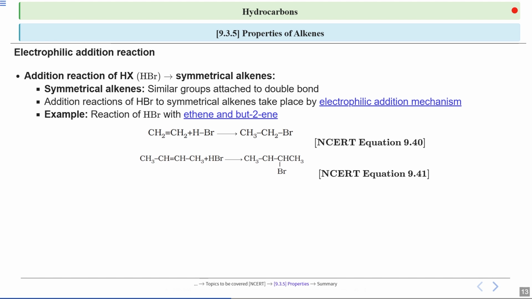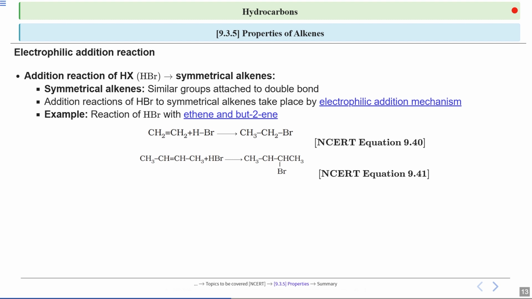Suppose you are taking but-2-ene... Suppose you are taking ethene and reacting it with HBr, then it would give you only and only one product, which is but2ene. You can see here, if you add H on the left or on the right, it will give you the same product, which is but2ene. And the same can be said about the addition reaction of HBr to but2ene. Here also, the double bond has the same group on either side.